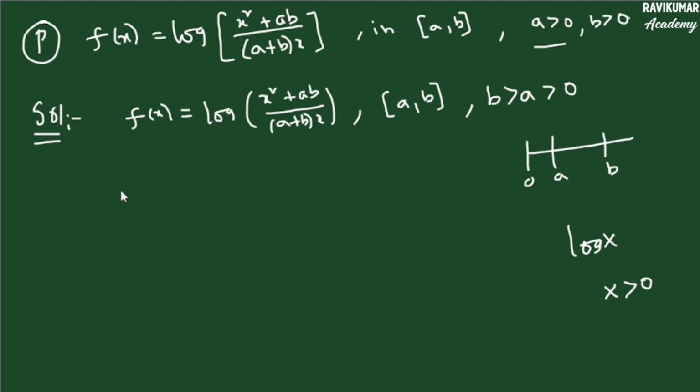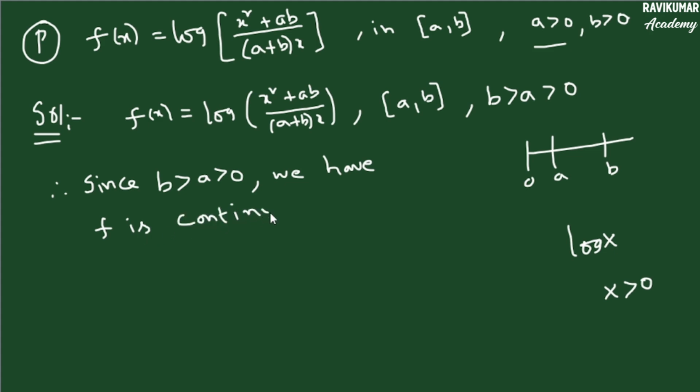Because it is a well-defined function, whenever logarithm is well-defined, it is continuous and differentiable, right? So therefore, since b is greater than a is greater than 0, that means both are positive, we have f is, that means you can write conclusion like this. F is continuous and differentiable, both open and closed intervals ab.